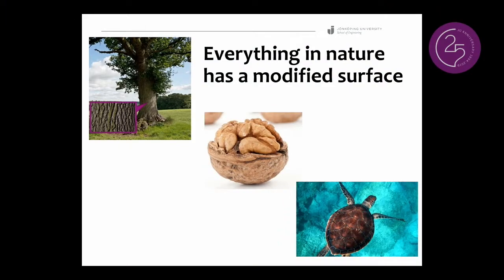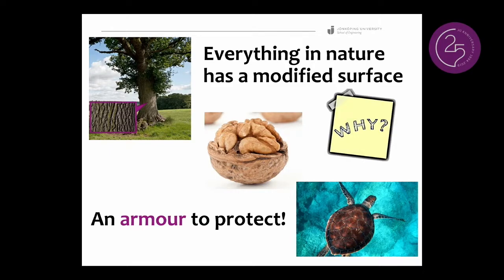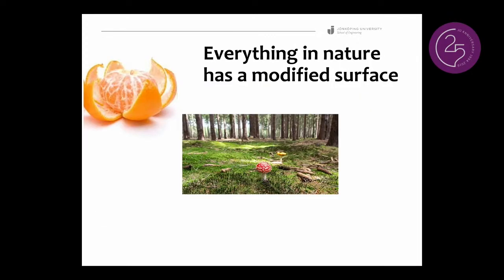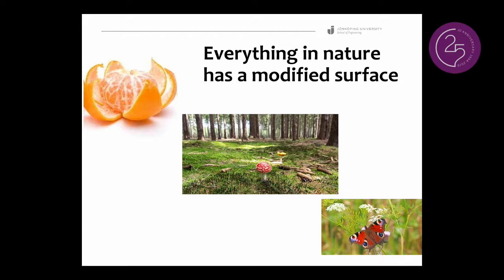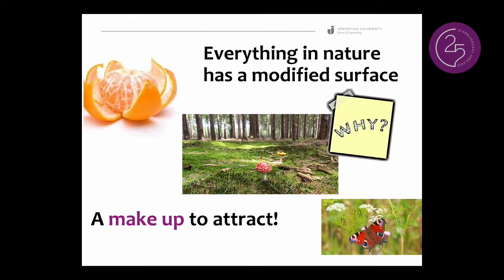Or animals as well create a different surface. And why is that? They need protection, and therefore they build up an armor around themselves. Or we can see also beautiful colors, odors, flavors. And why is that? That is to attract the rest of the world to them.